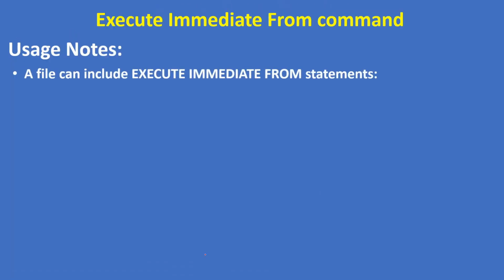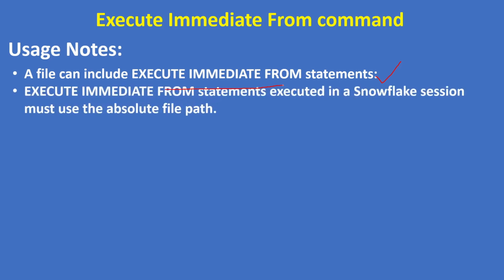Usage notes. A file can include execute immediate from statements. Inside a file you can also use the execute immediate from command to execute a file from another file. An execute immediate from statement executed in a Snowflake session must use an absolute file path.